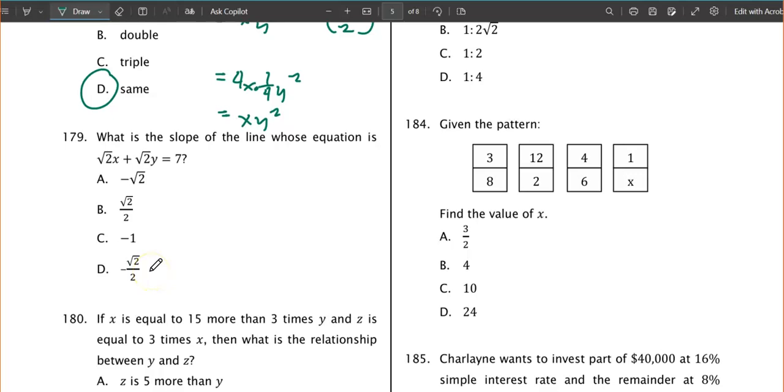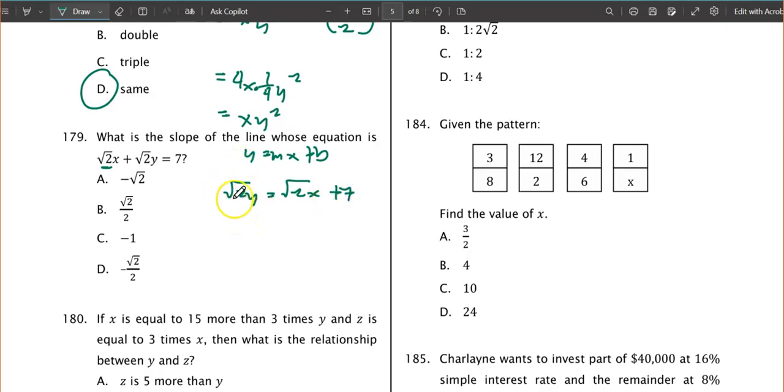179. What is the slope of the line whose equation is root 2 x plus root 2 y equals 7? So again, remember, the slope can be determined from the number beside the x value. If we rewrite this as y equals mx plus b, this becomes root 2 y equals negative root 2 x plus 7.